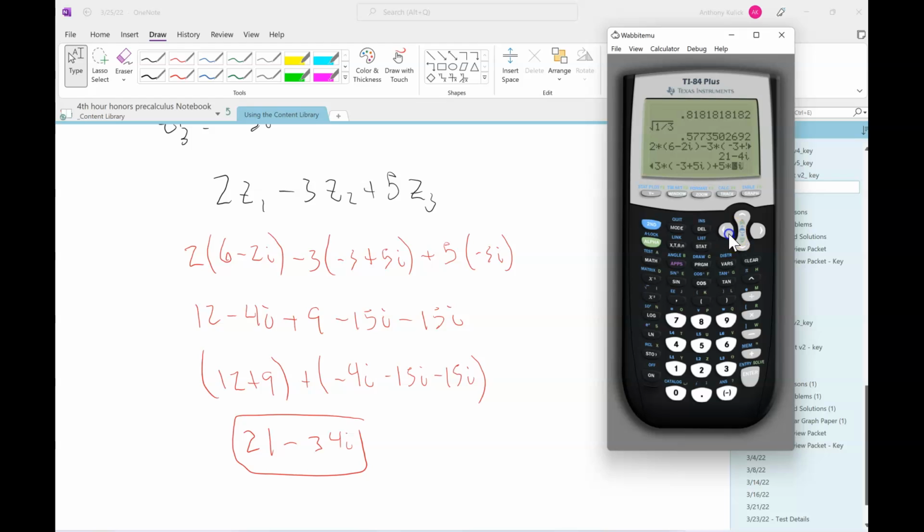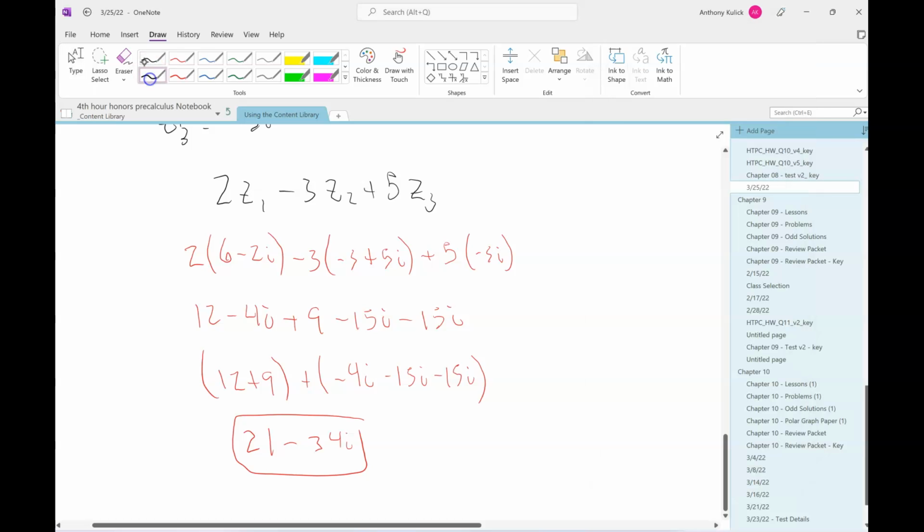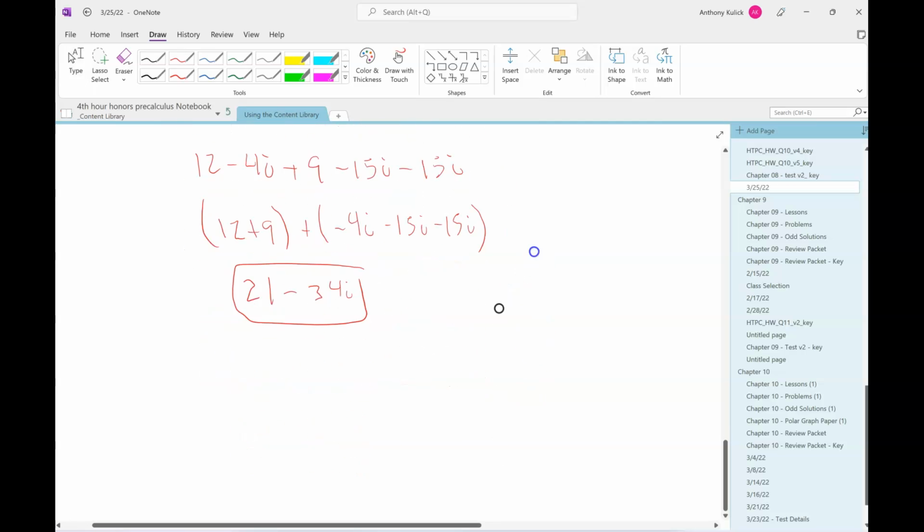Oh, ha. That's what I missed, my negative sign. There we go. And it supports exactly what we did there, right? Cool. Nothing complicated, right? All right. So on to the next topic.